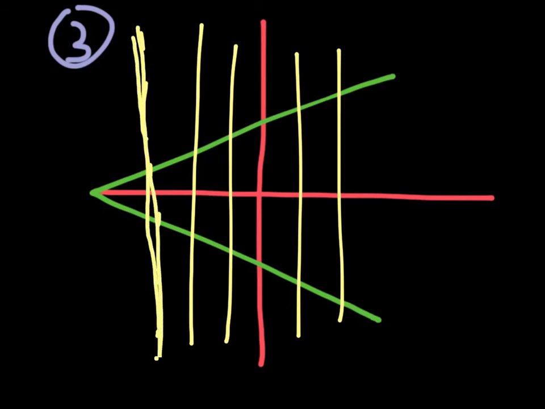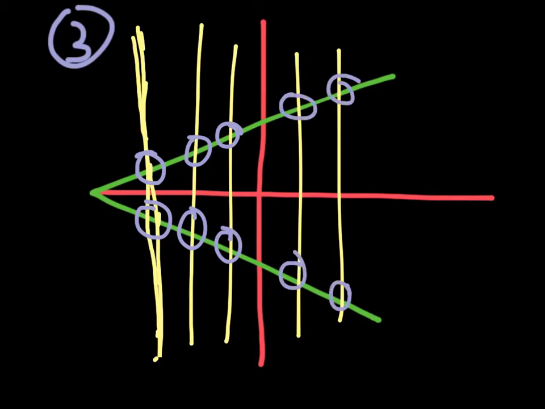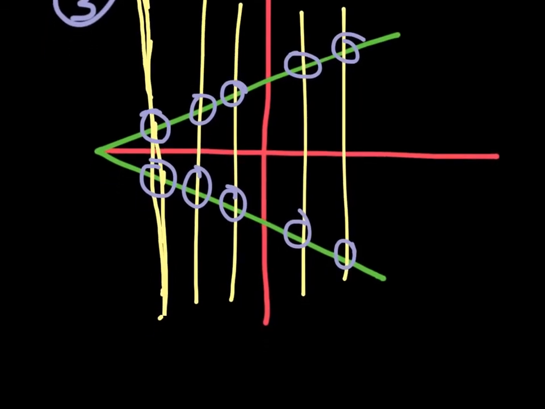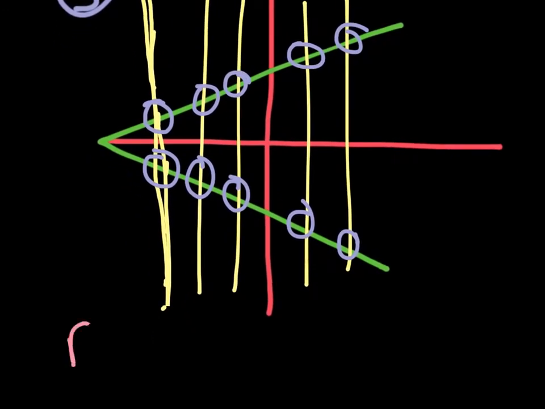So, is there anywhere on this graph where we have the yellow intersecting the green multiple times? Right here and here, here and here, here and here, and here and here. So we know now that since it's intersecting multiple times, we have the same x value giving 2 different y values. Therefore, this here is a relation.